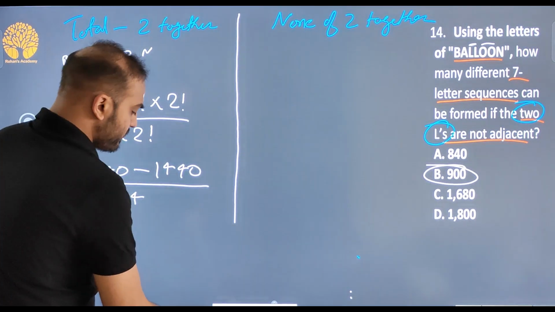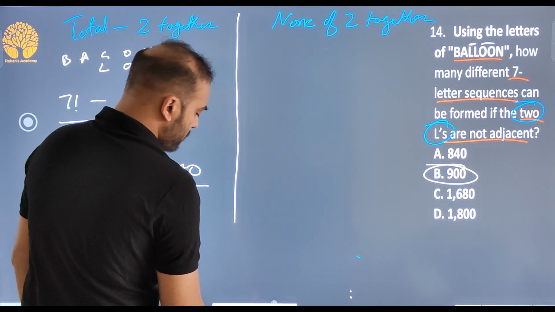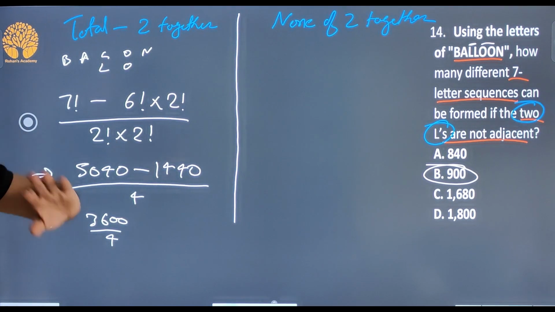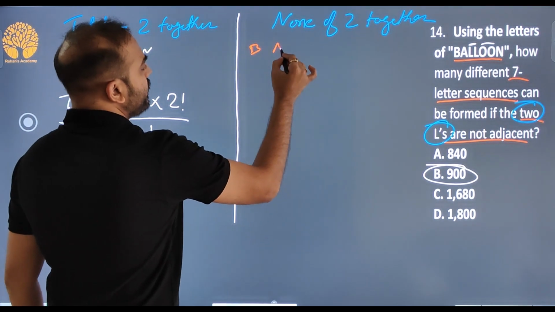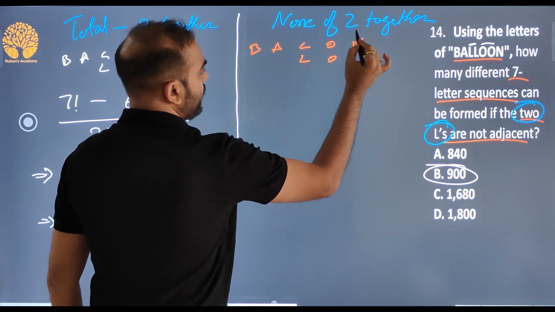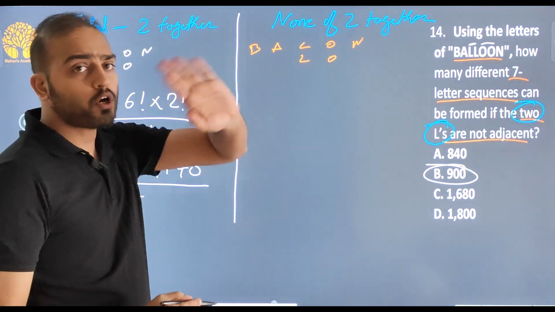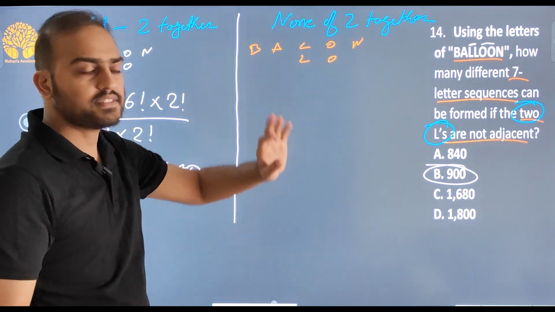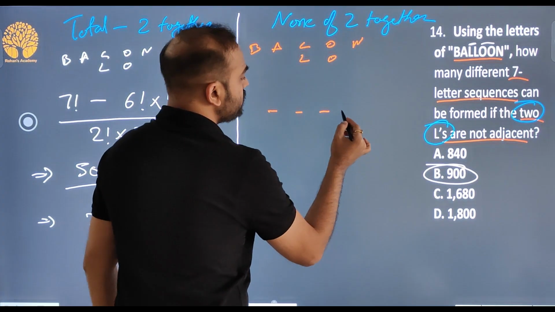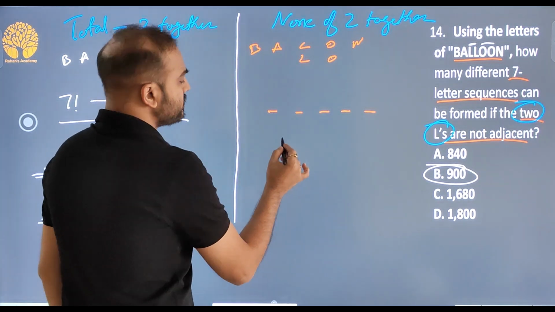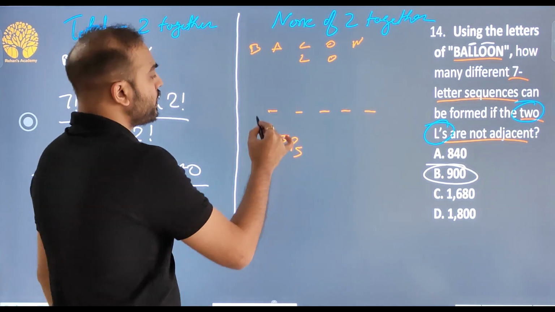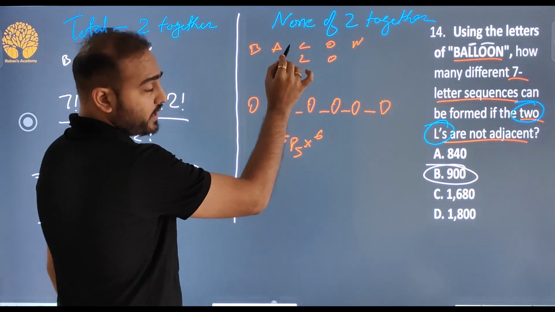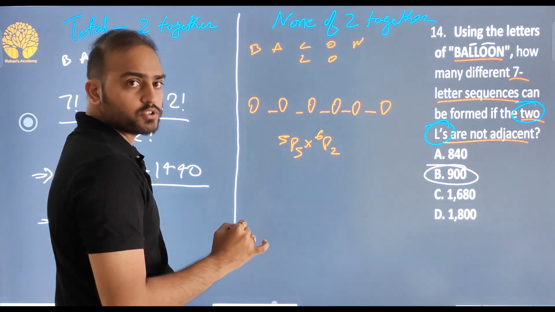Now, as I told you, because we are talking about 2 things, you can do none of the 2 together also, and that should work. So I have B, A, L, L, O, O, N. The 2 L's should not come together, so I'll make the other letters B, A, O, O, N sit. These are 5 letters. They will sit in 5 positions. That's 5P5. Next to the 5 letters, I have 6 imaginary positions, and I want to put 2 L's in those positions.